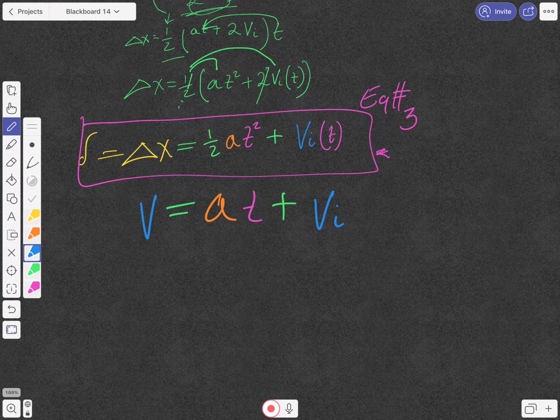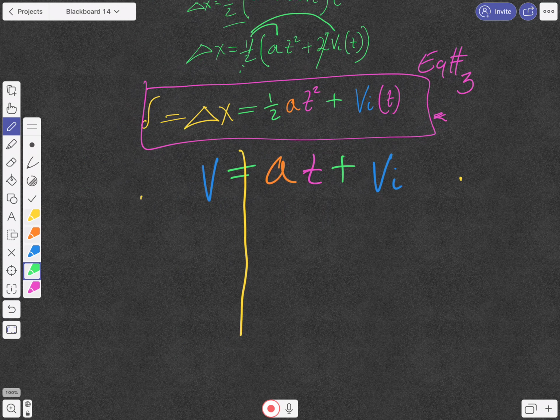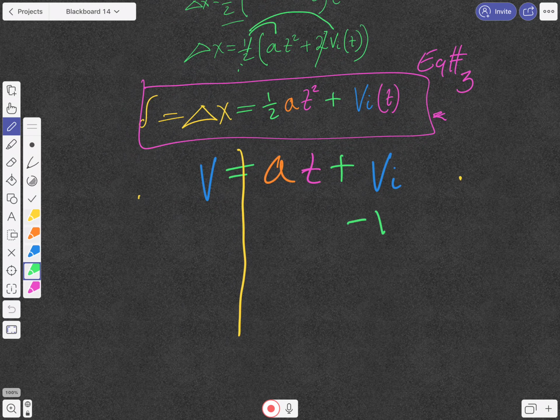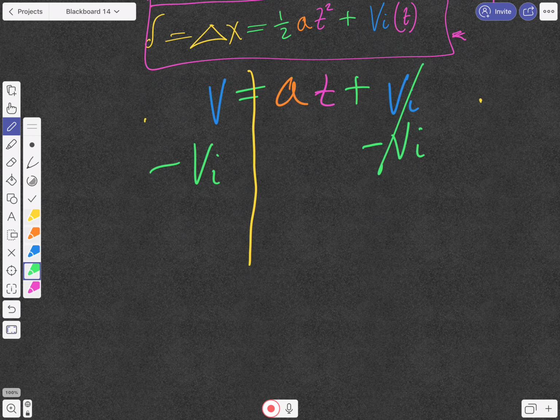So now let's say this time we wanted to solve for t. If we want to get t by itself, I'm going to make a line here, because remember, everything we do to one side we have to do to the other. So I'm going to subtract vi from both sides. So that cancels out that.